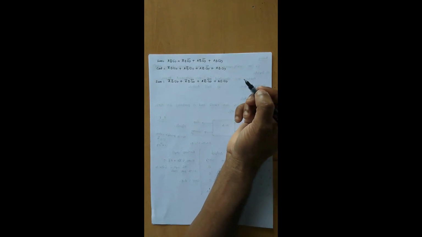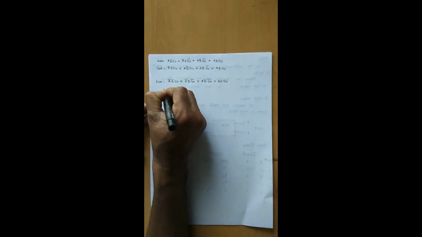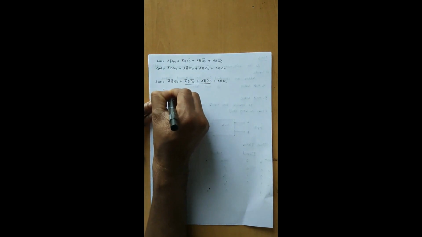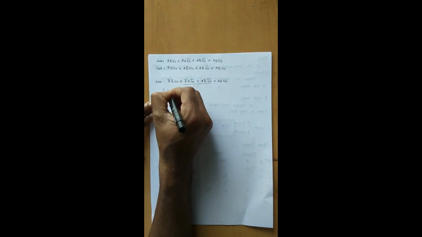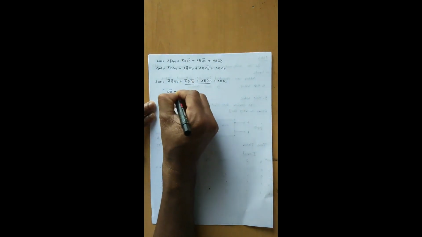Just try to reduce it. To reduce it, what do we have to do? From this equation we can bring C in bar out as common.